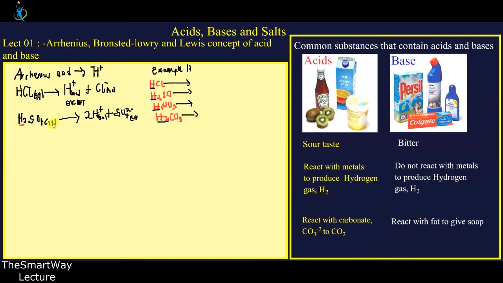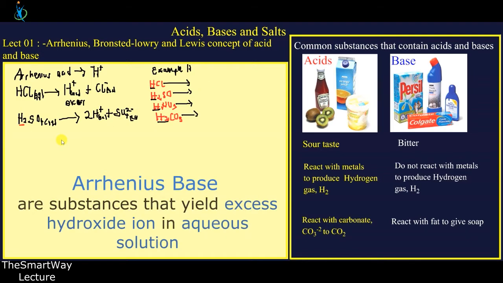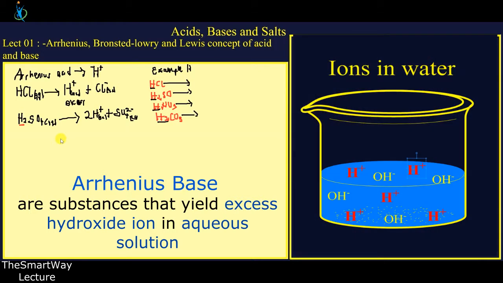Now let's go to the Arrhenius base. The Arrhenius base is saying that there are substances that yield excess hydroxide ions in aqueous solution. The excess is very important because there are already some ions in water, which is H+ and OH-.